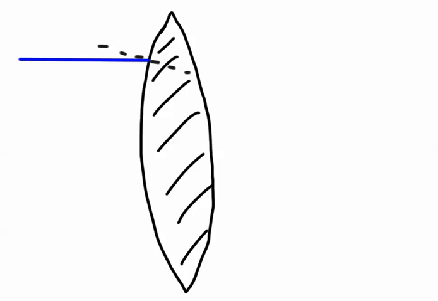So here's a line tangent to the lens, and the perpendicular line is perpendicular to that tangent.